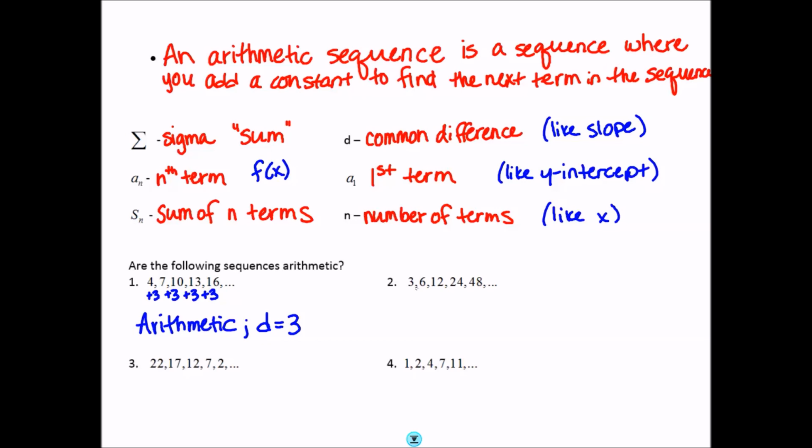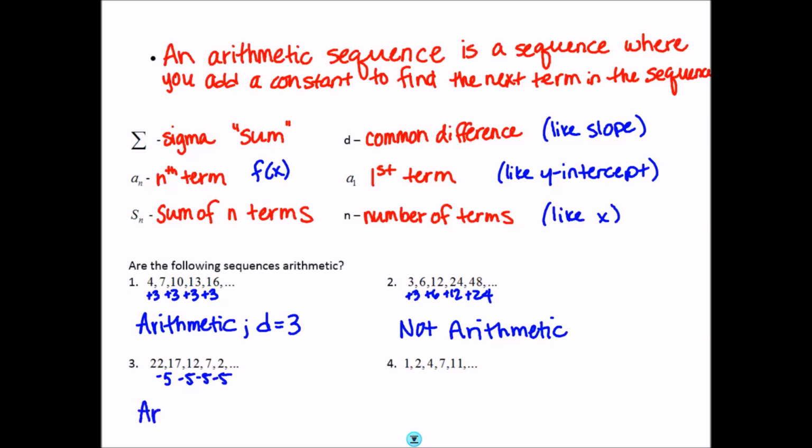For the second example, to get from 3 to 6, you add 3. 6 to 12, you add 6. Add 12, add 24. This is not arithmetic. For the next one, from 22 to get to 17, you subtract 5, subtract 5, subtract 5, subtract 5.